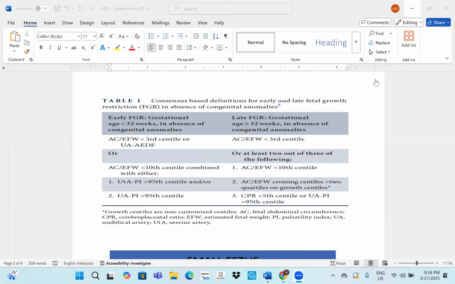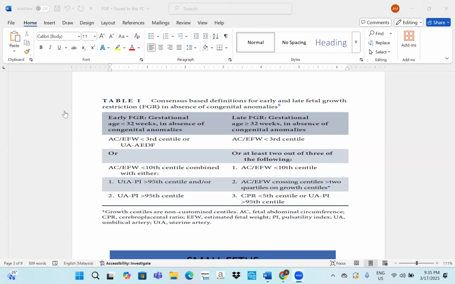So the definition is clear, whether it is the early onset or the late onset. If it is less than third centile, for the early onset FGR, we already know it is less than 32 weeks, that is 31 plus 6 weeks, right?